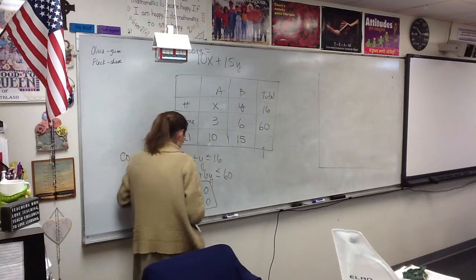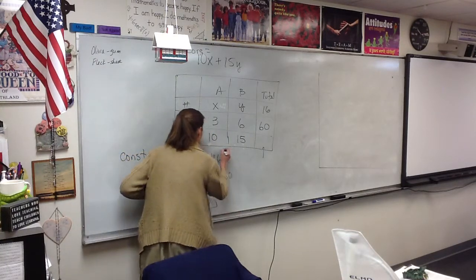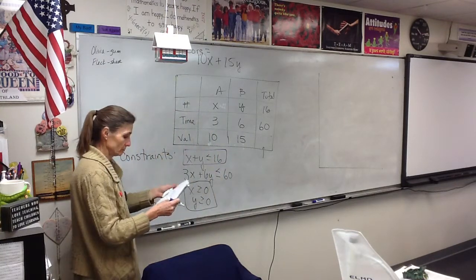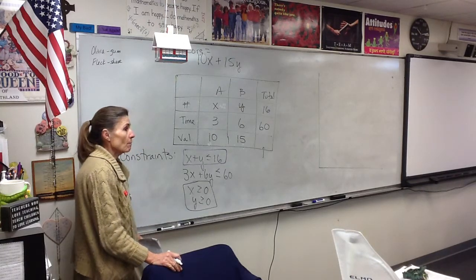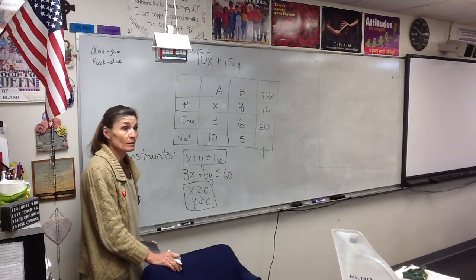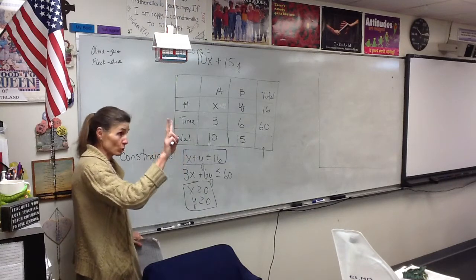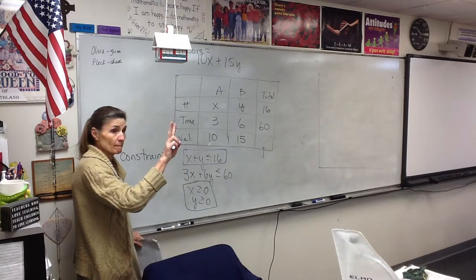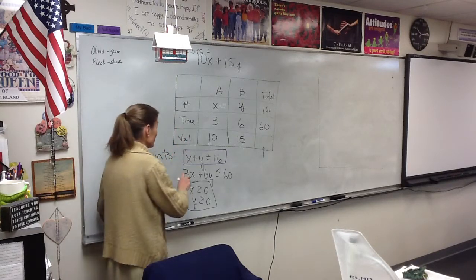Now, we need to graph this guy. Now, my grid only goes over to 12. So I'm going to let each hash mark be worth 2. Okay? Each hash mark is going to be worth 2.